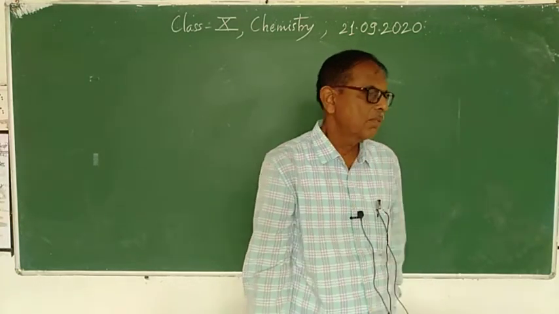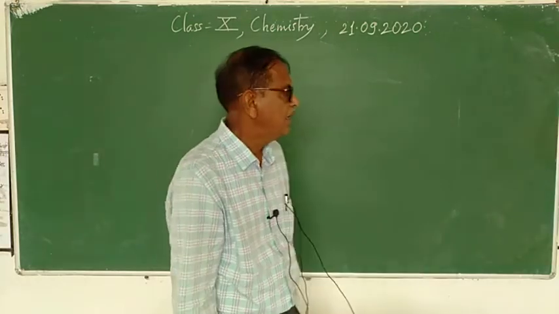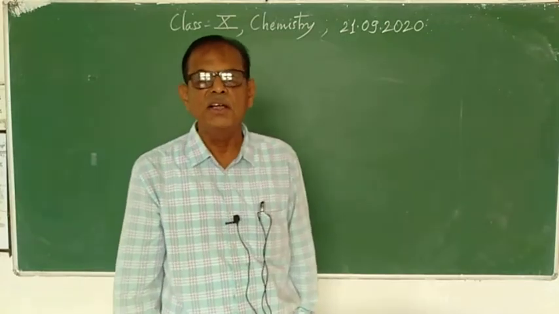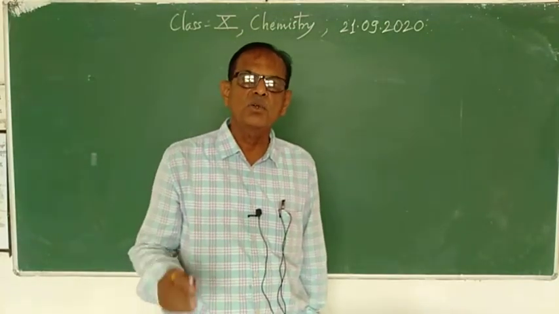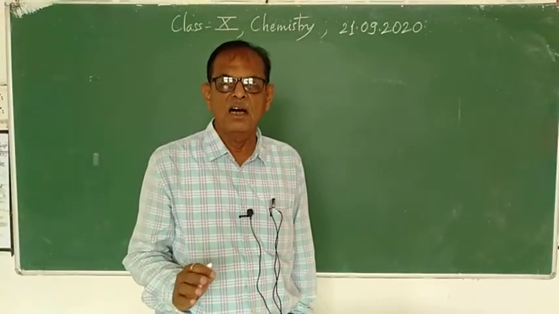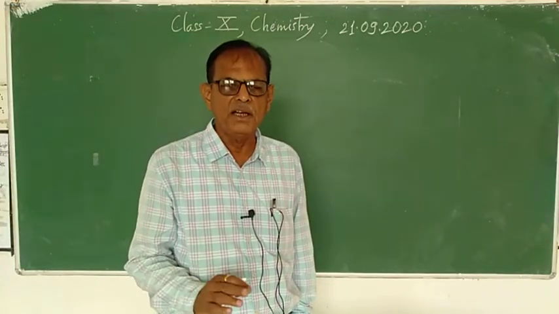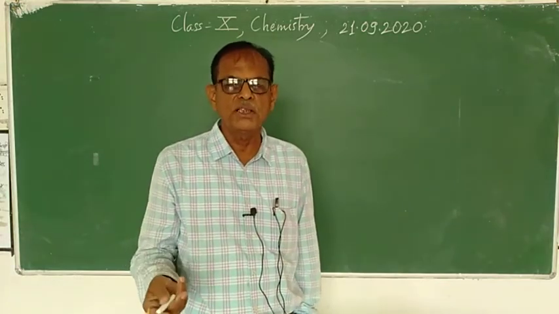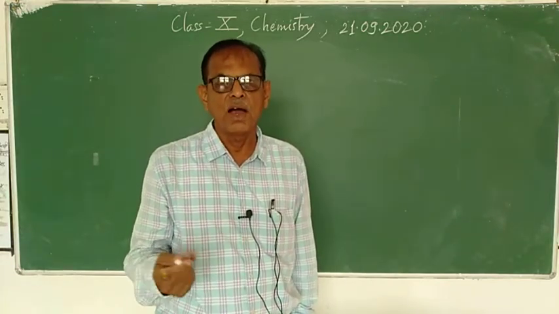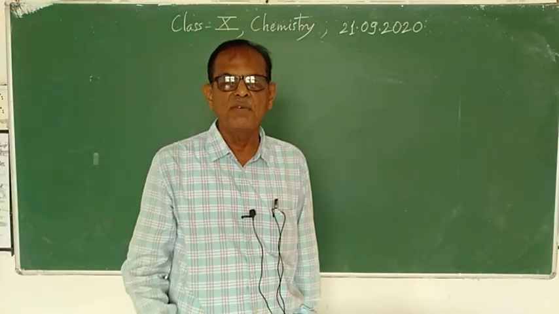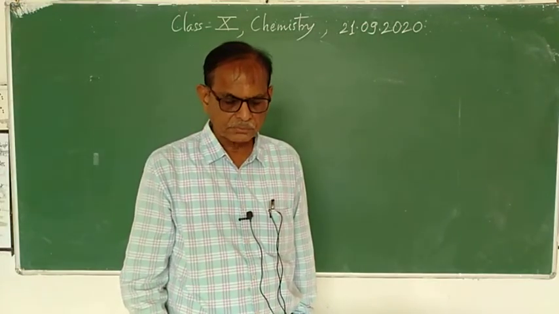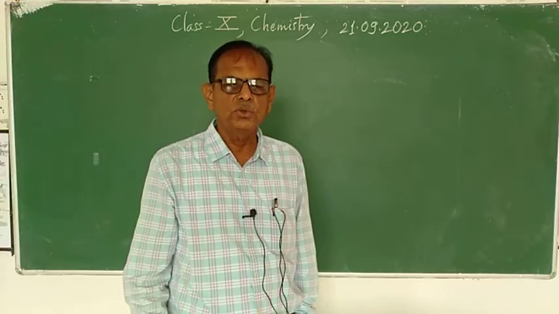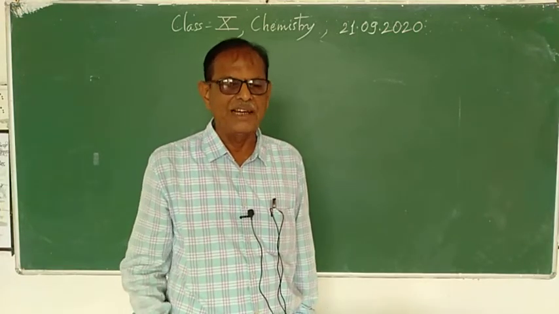Regarding oxygen, we have said that oxygen has 2 unpaired electrons in its outermost shell. Oxygen has atomic number 8, electronic configuration 2 6, 1s2, 2s2, 2px2, 2py1, 2pz1.